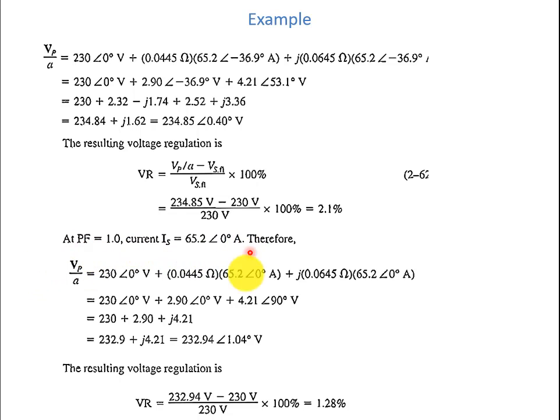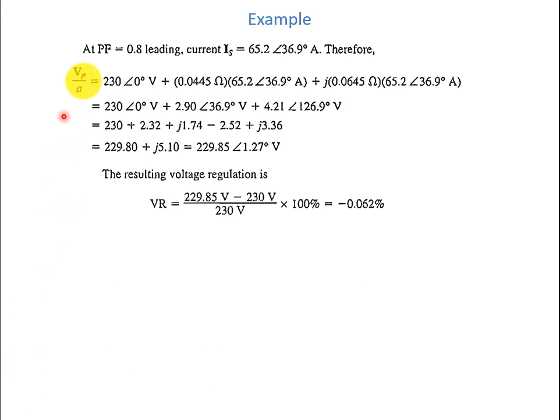Similarly, at unity power factor, voltage regulation can be calculated by the same relation by putting these values. That will be 1.28%. At the 0.8 leading power factor, we have the same relation, and putting these values, remember that for a leading power factor this angle will be positive.